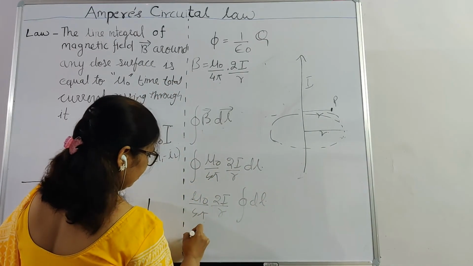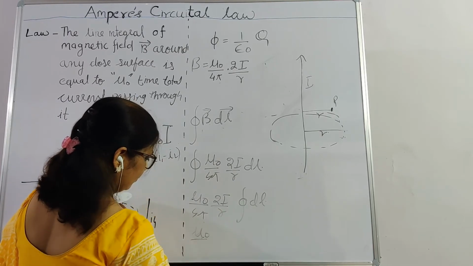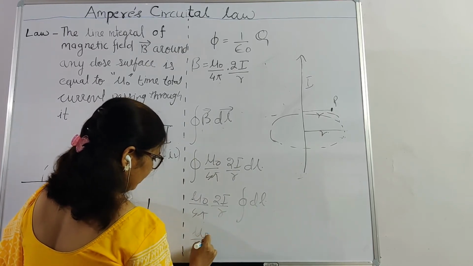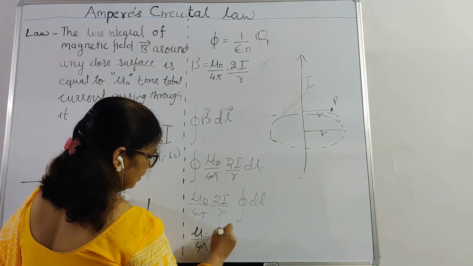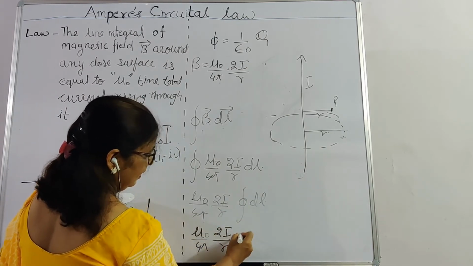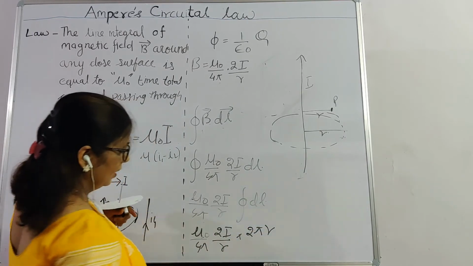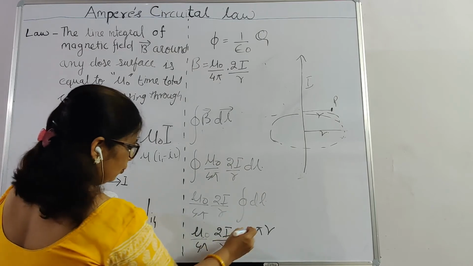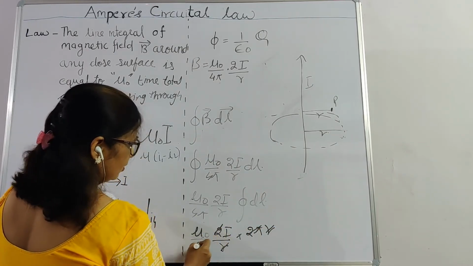So we will get this equals mu naught by 4 pi, 2I by r, and it is again 2 pi r. Now r is going to cancel here, 4 pi is going to cancel.